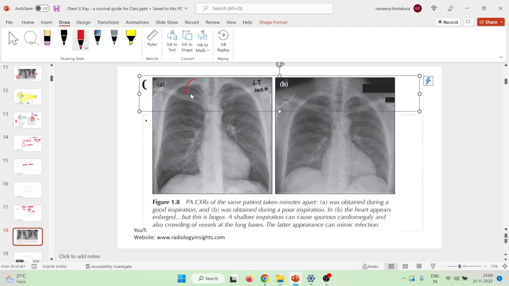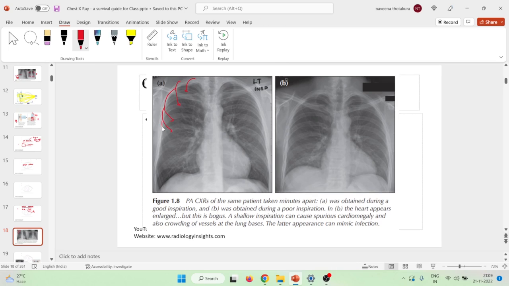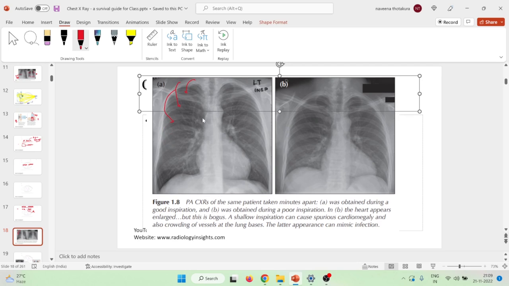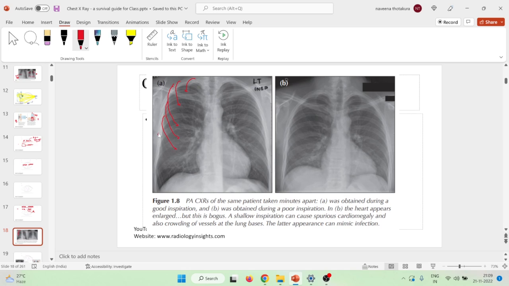This is the anterior aspect of the first rib, then the second, third, fourth, fifth, sixth rib. This is the anterior aspect of the seventh rib. If the anterior aspects of at least 6 ribs are visible, then it is normal inspiration. So this is a good inspiratory film.